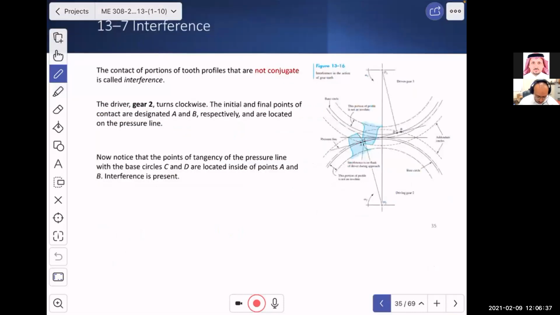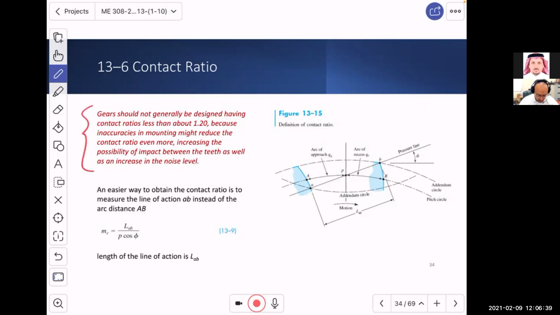Now, what you should know here, I wrote this in red, is that in reality we want that contact ratio to be no less than 1.2. And why is that? This is because inaccuracy in the mounting might reduce it.